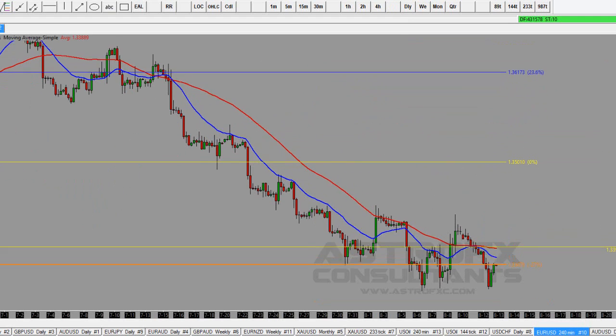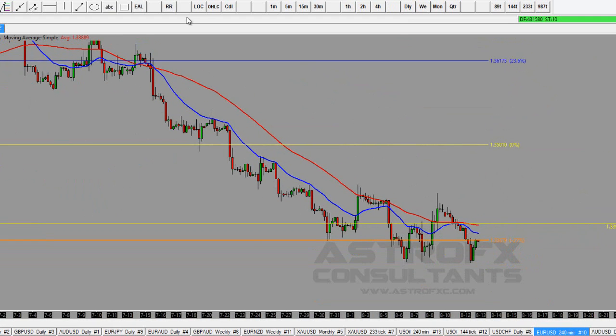Okay, so we are in fact in this range at the moment. Just here we do have some minor resistance around the 1.3440 area, and this could in fact be a potential lower high from this swing here.